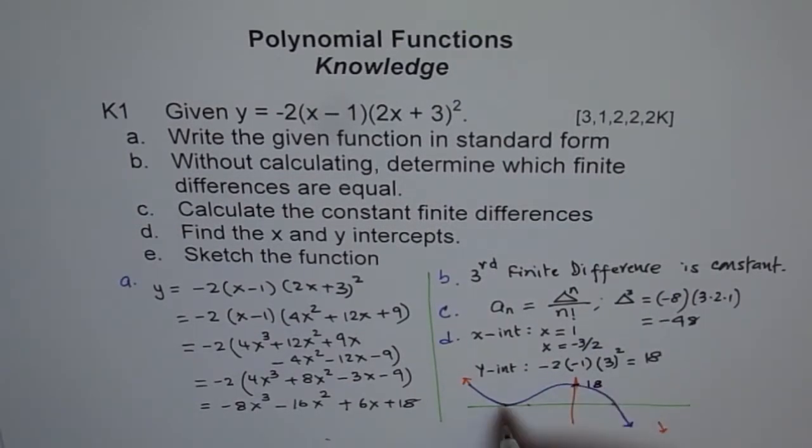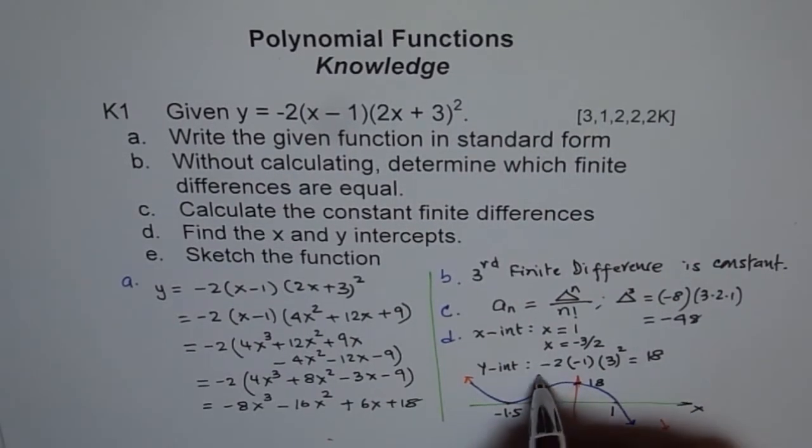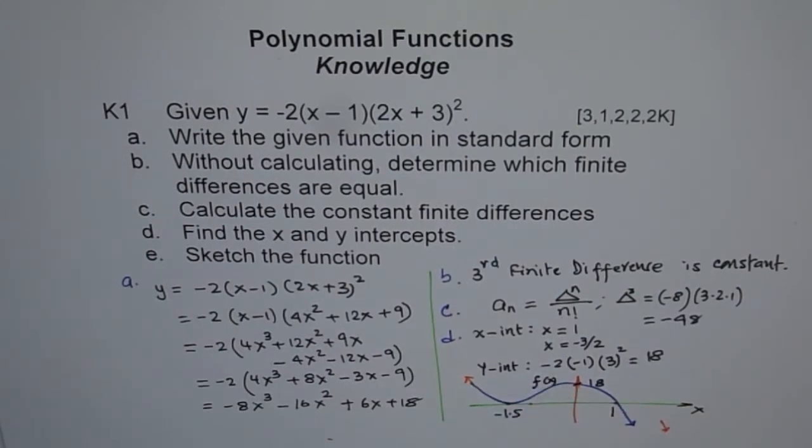Is it okay? And this is our minus 3 over 2, which is 1.5. And this is at 1. These are our x-intercepts, right? That's my y-intercept. As a cubic function, therefore the third difference is going to be constant, right? That is x, and this is f of x. Okay, that's how we are going to do it. Thank you.